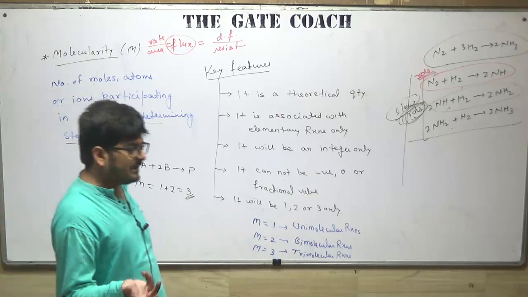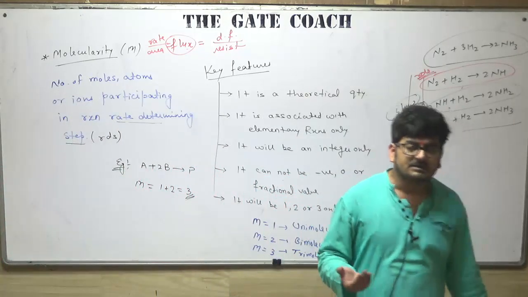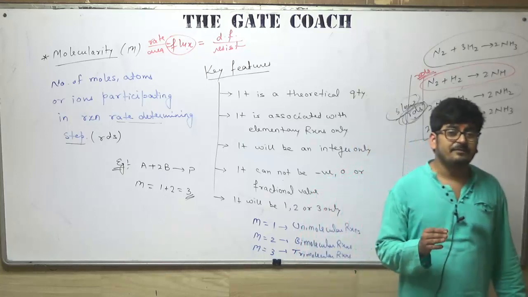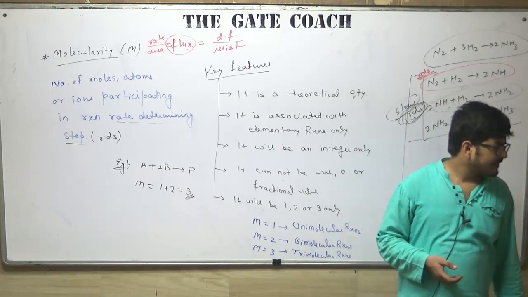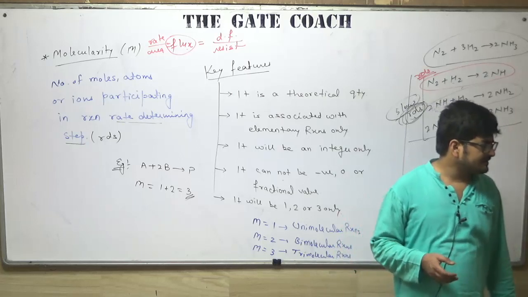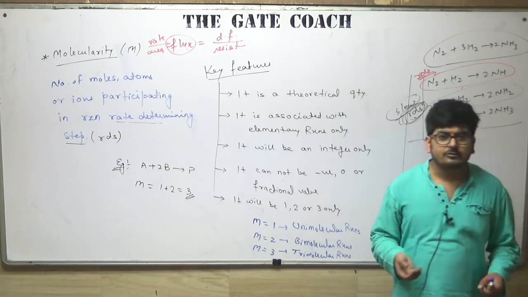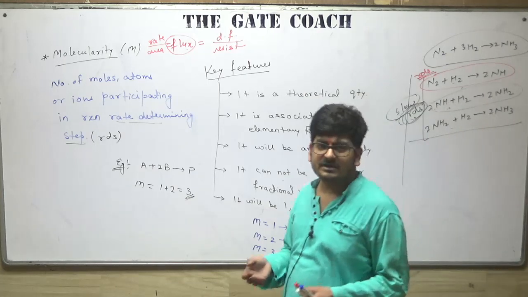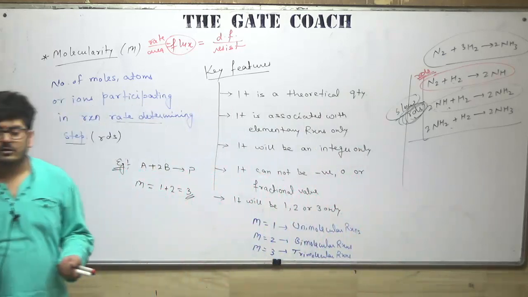In generic terms, in layman terms, we can say RDS is the slowest step. But technically, the slowest step means the step with the highest resistance. How will we calculate the resistance? We cannot calculate the resistance like this. We will find out the rate only.